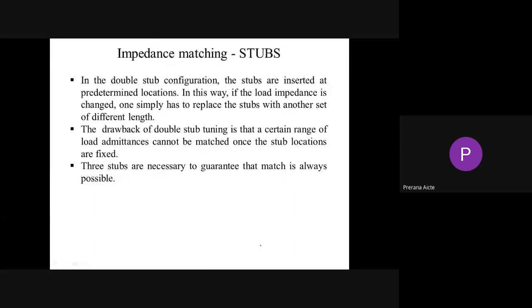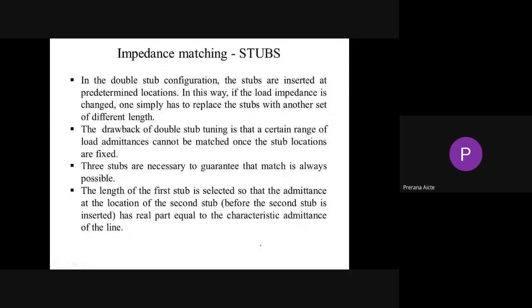Next, the length of the first stub is selected so that the admittance at the location of the second stub, before the second stub is inserted, has a real part equal to the characteristic admittance of the transmission line.